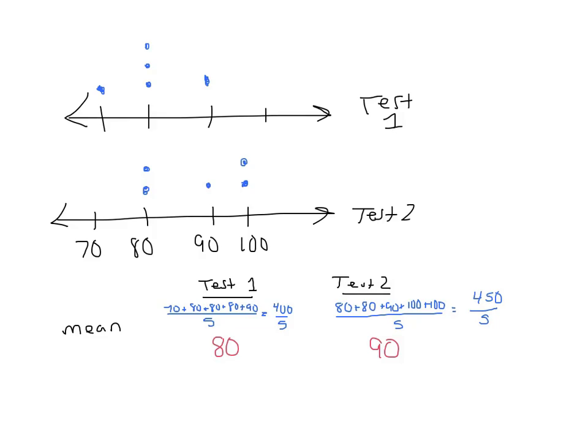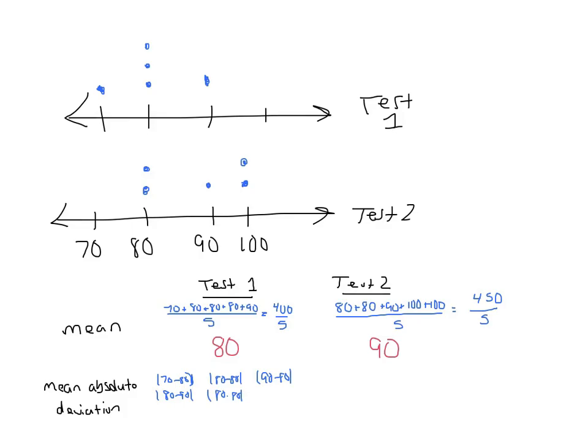Now what about the mean absolute deviation? Well, if we look at each of our data points and subtract away the mean, 70 minus 80, and then 80 minus 80, 80 minus 80, 80 minus 80, and 90 minus 80.